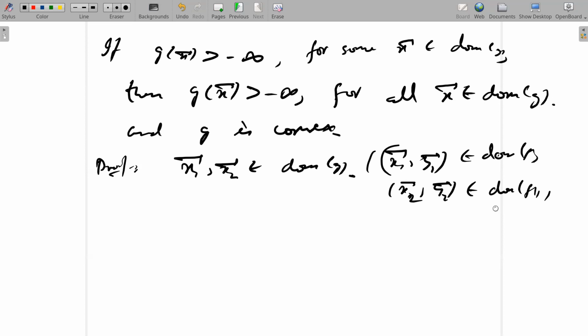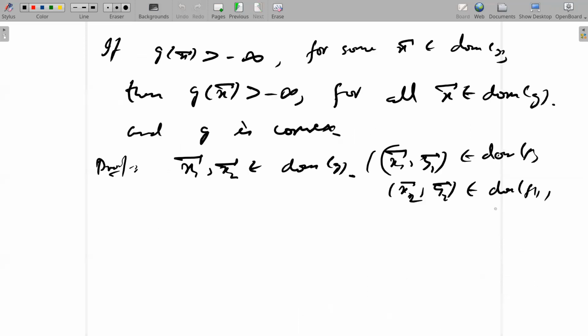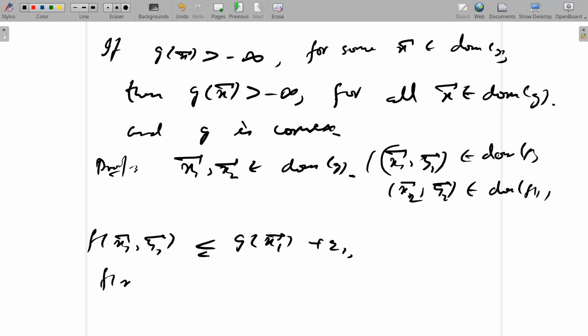Now since g is the infimum, although the infimum may not be attained, if I add an epsilon term, that will be attained. So in fact, f of (x1, y1) is less than or equal to g of x1 plus epsilon 1, and f of (x2, y2) is less than or equal to g of x2 plus epsilon 2.